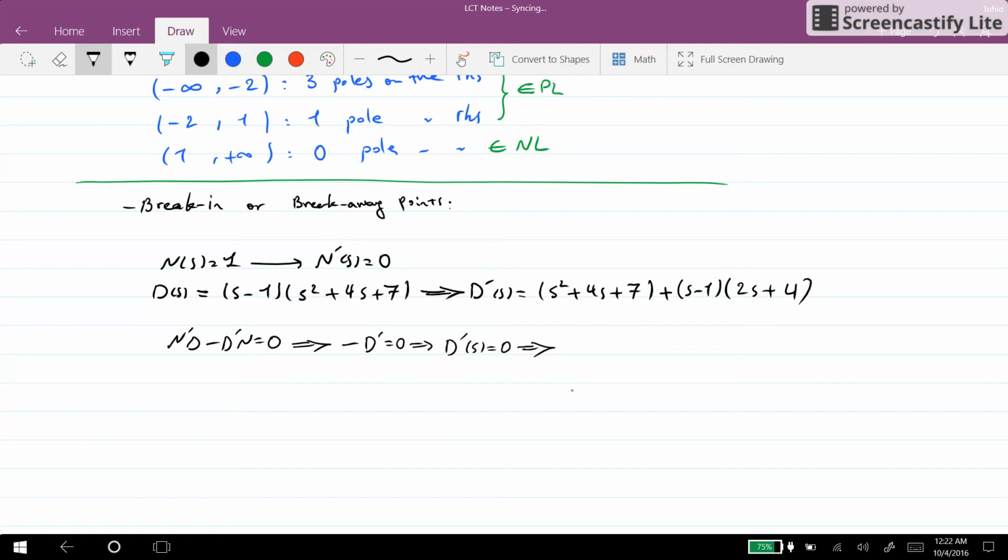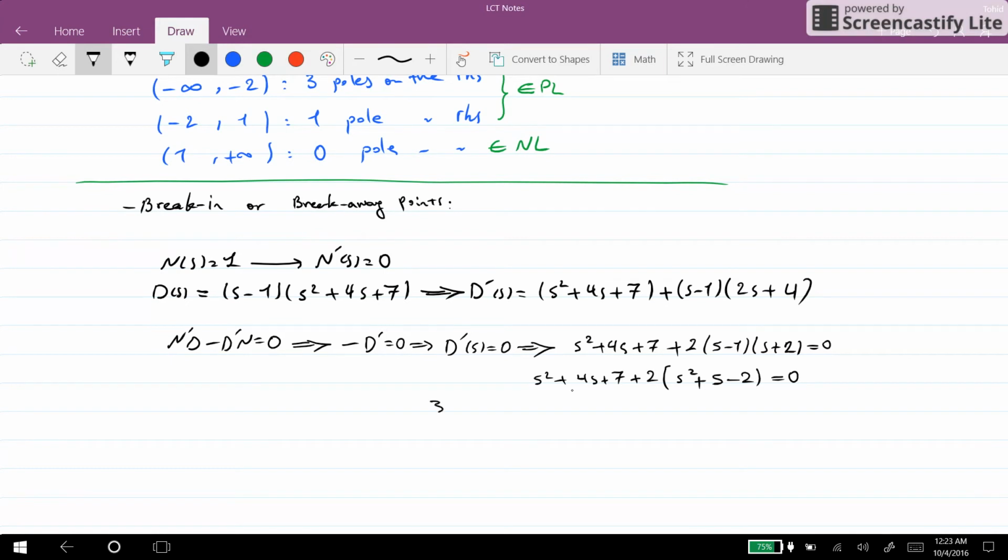D prime equal to 0 will provide us s squared plus 4s plus 7 plus 2 times s minus 1 times s plus 2. And from here we will have s squared plus 4s plus 7 plus 2 times s squared plus s minus 2.